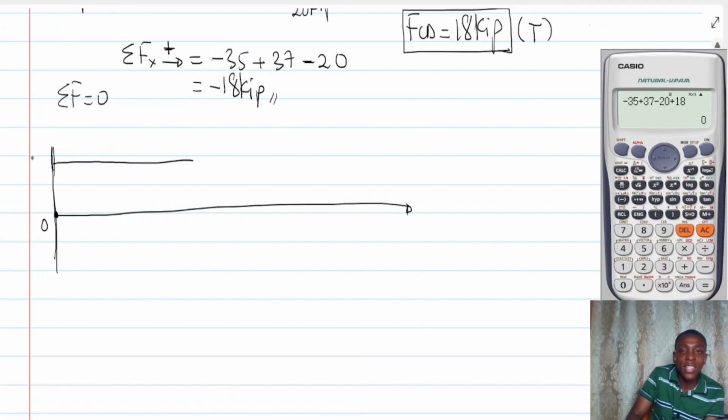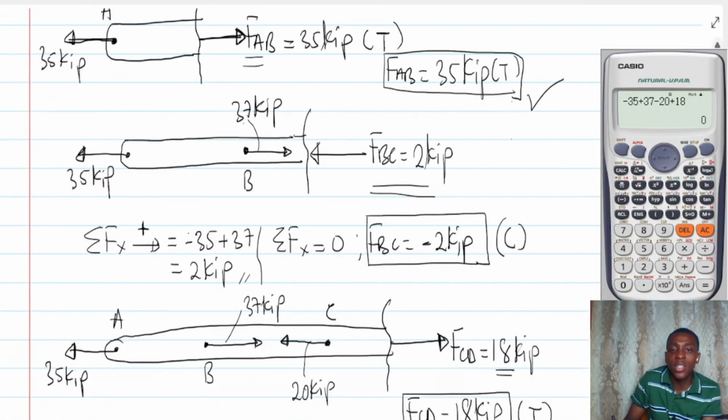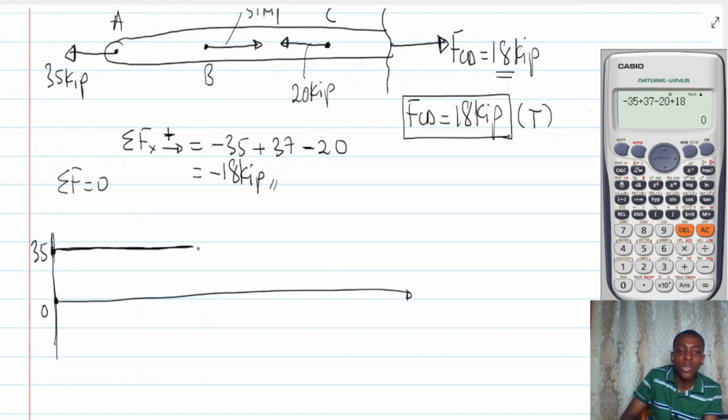Okay, so let's say that this is 35. Then there was a constant force throughout AB, but as soon as I went to section BC, there was a force of what? Minus 2 kip, which is a compressive force.